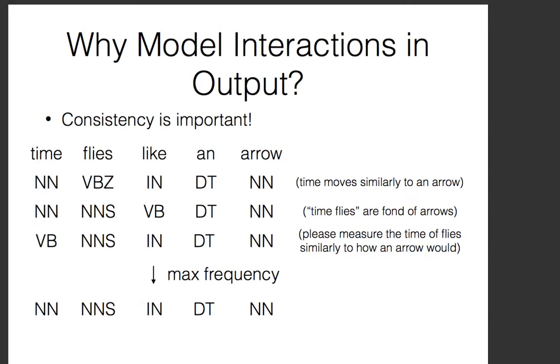So if we take the max frequency, we get something completely different that doesn't even have a verb in the sentence. So just making each of these decisions independently is not ideal on the structure level, because it gives us something that doesn't make sense as a sentence whatsoever. Yeah, so the interpretation of this is time flies that are similar to an arrow. Yes, time flies, which are the type of flies.